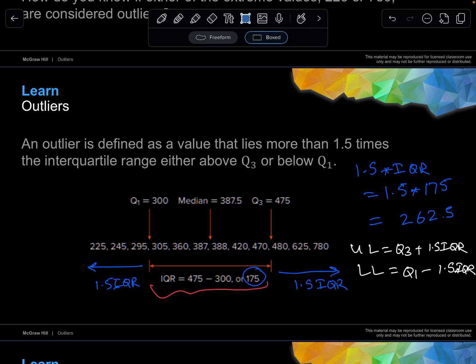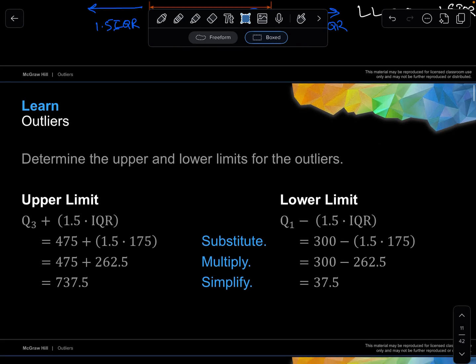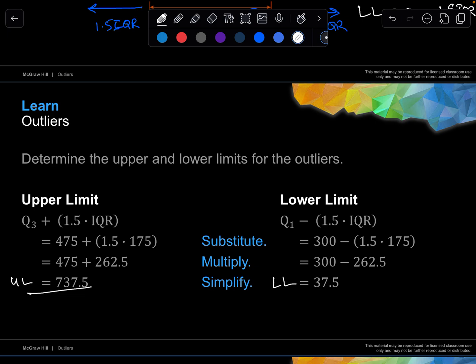Okay, before we move on, I'm just going to copy this data set for future reference. All right, so if I look at this, my upper limit is Q3 plus 1.5 times the IQR. That gives me 737.5 as my upper limit. My lower limit is 37.5, right?